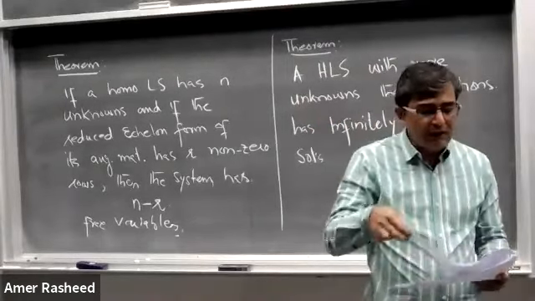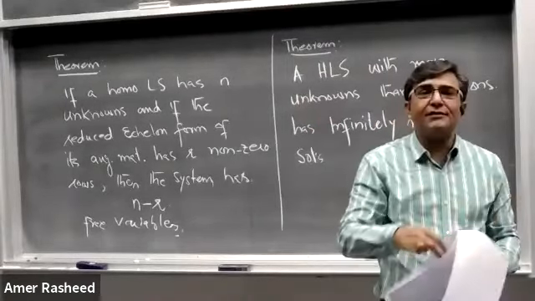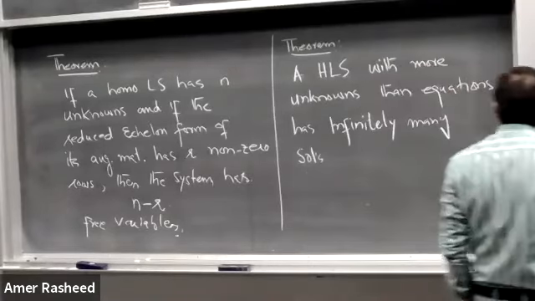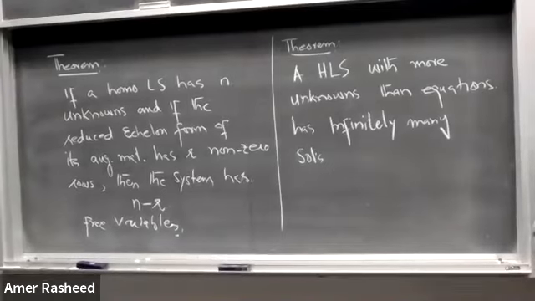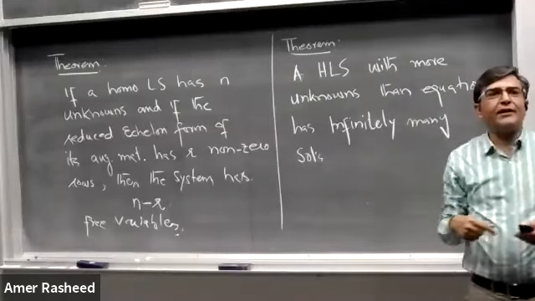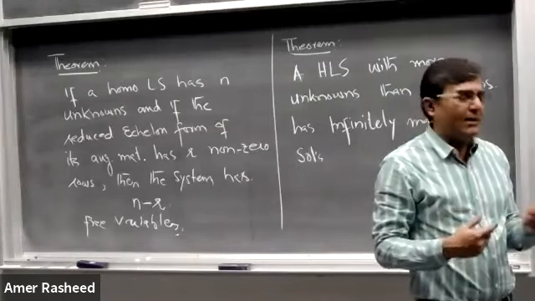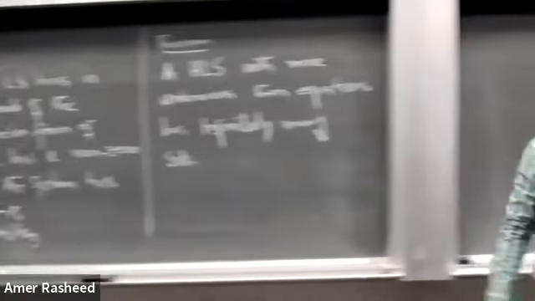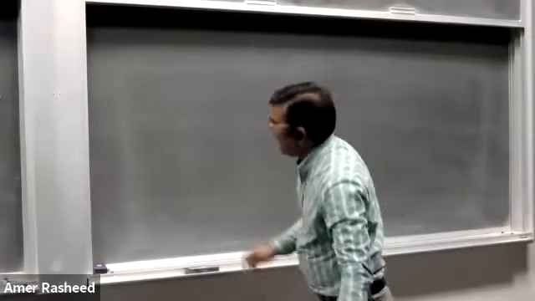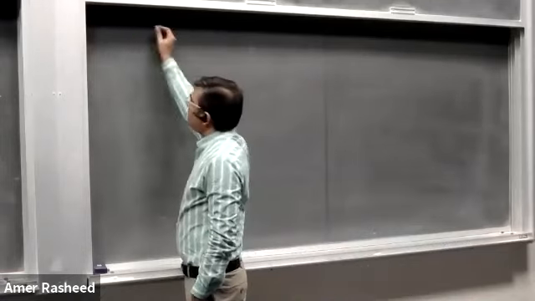Okay. Now there is another case which a student asked me a question about yesterday. I don't know who asked me that question. If the number of equations is more than the number of unknowns, then what happens? There is only one option which is left to be discussed, and that is this option.